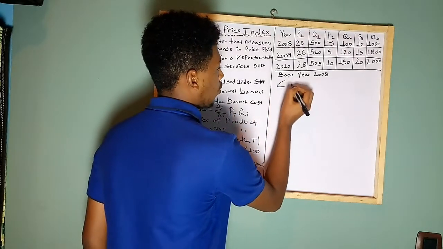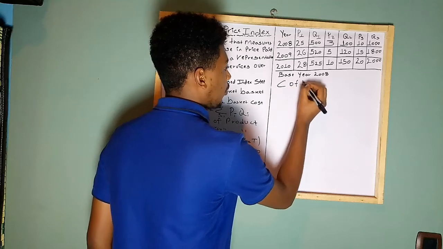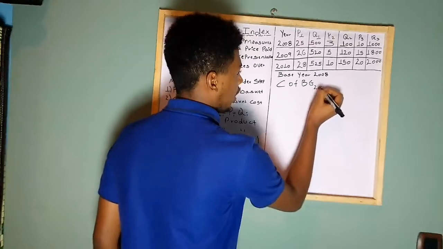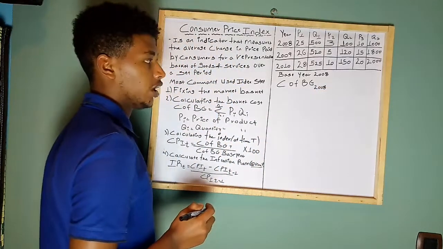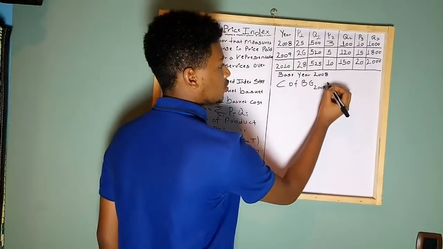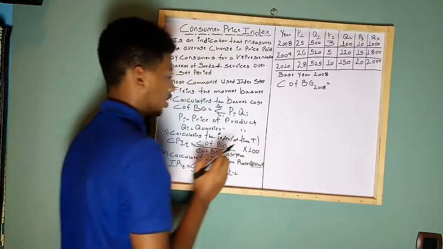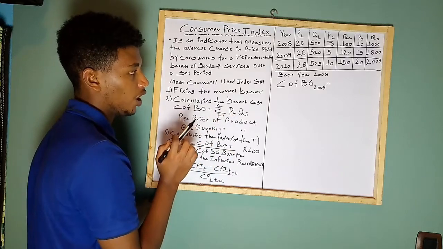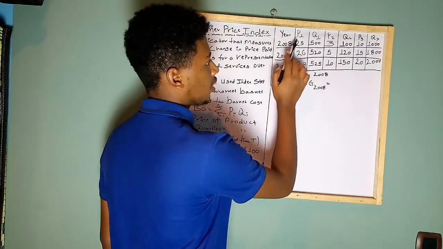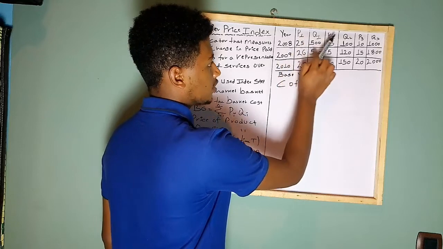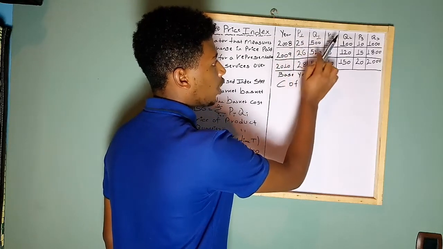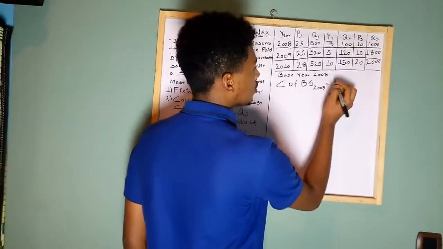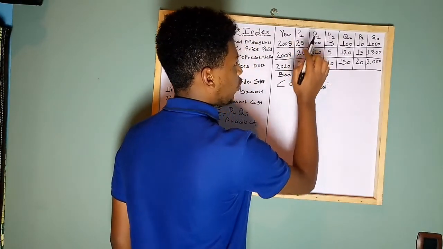Calculating the cost of basket of goods in 2008. Let's calculate in 2008. Cost of basket of goods in 2008, as we have seen, the formula is the summation of pi multiplied by qi. Therefore, for 2008 there are 3 different columns: P1 and Q1, P2 and Q2, P3 and Q3. Therefore, we will multiply P1 with Q1.